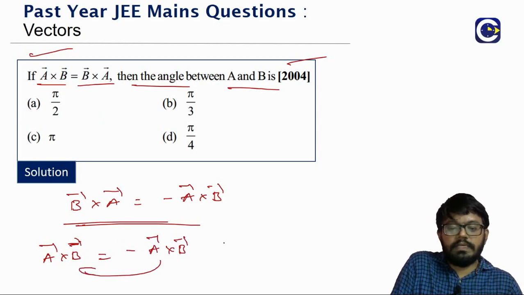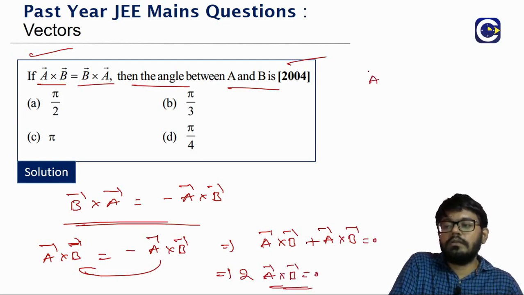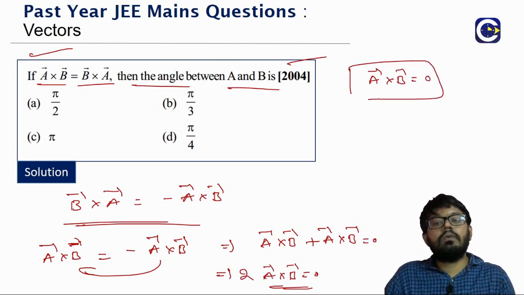Just take it to the left side. What you will have, A cross B already is there. This also becomes plus, this will be 0, which means 2 times A cross B is 0. 2 times A cross B 0 means actually A cross B is 0. When will A cross B be 0?